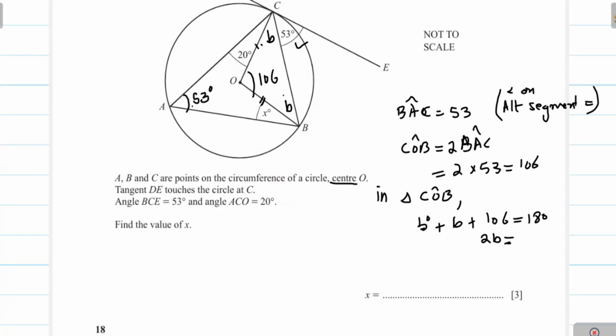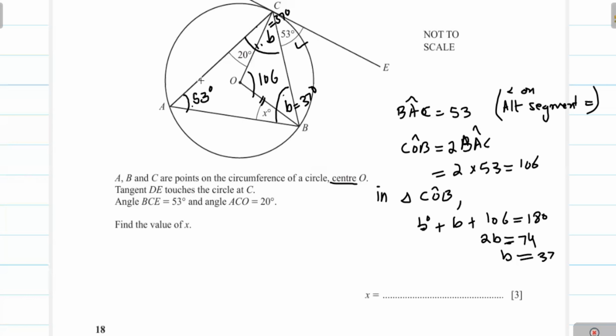Therefore, we can find this angle x degrees. We use the sum of interior angles of a triangle in triangle ABC. You see here in triangle ABC, the first angle, angle A, is 53 degrees. The second angle is 37 plus x, and the third angle is 37 plus 20, and the sum is equal to 180.